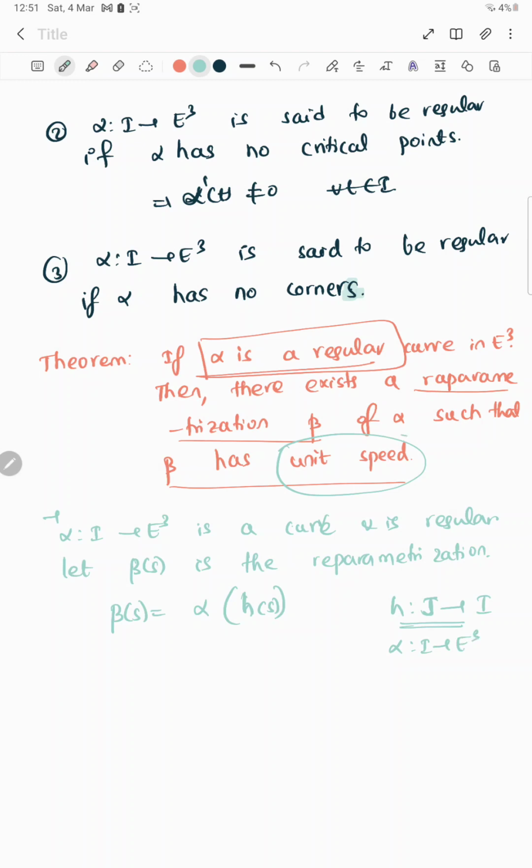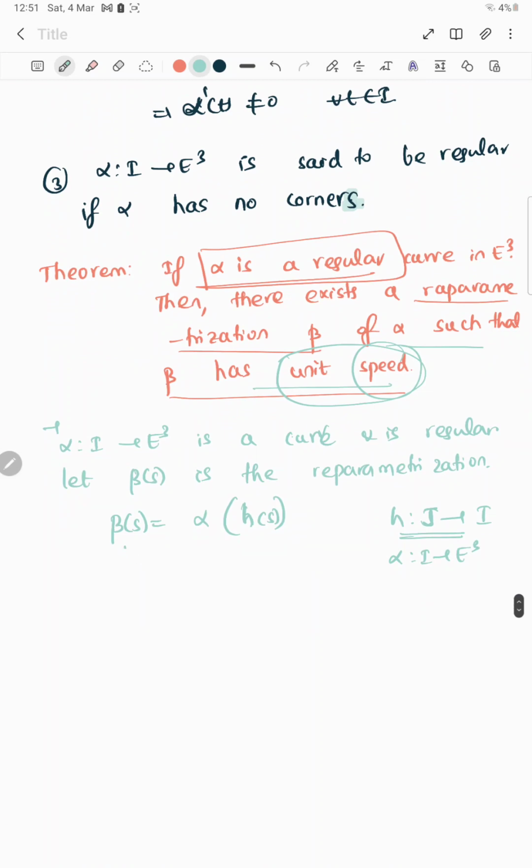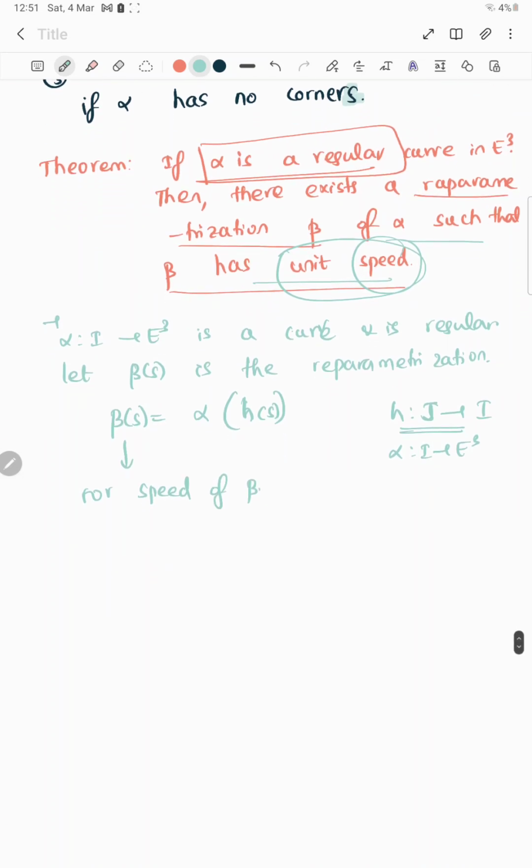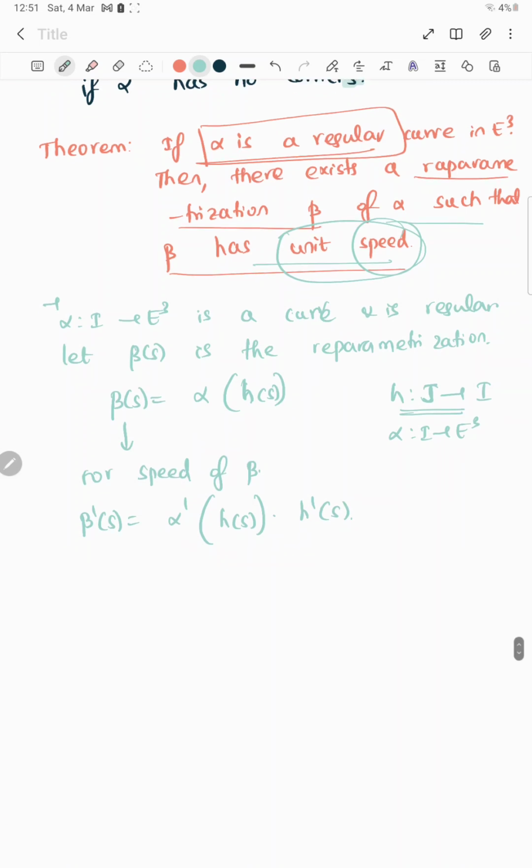Now we are interested in finding the speed of beta. For that, we can differentiate beta with respect to s. Therefore beta dash of s is equal to alpha dash of h of s into h dash of s. This is the result in terms of the velocity of beta: alpha dash of h of s into dh by ds at s.